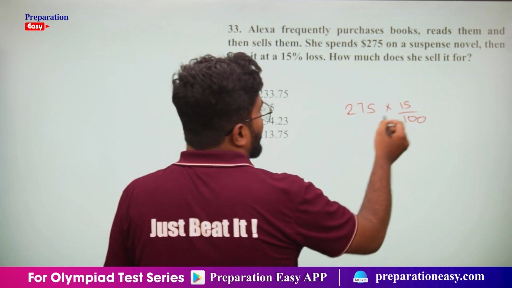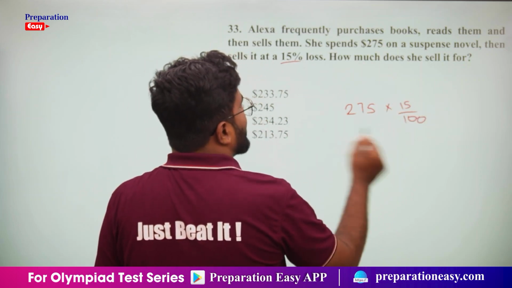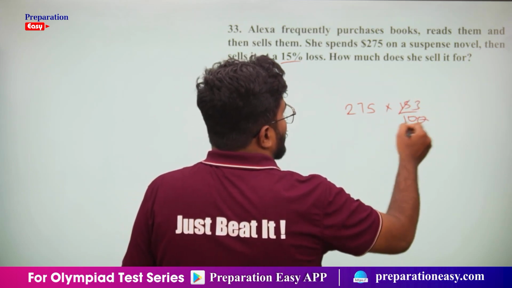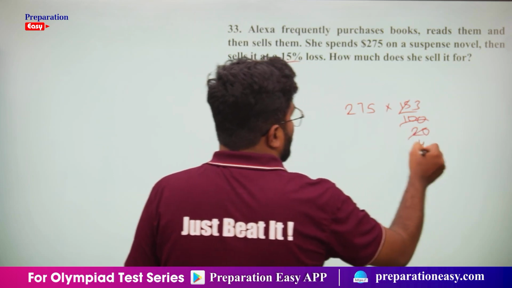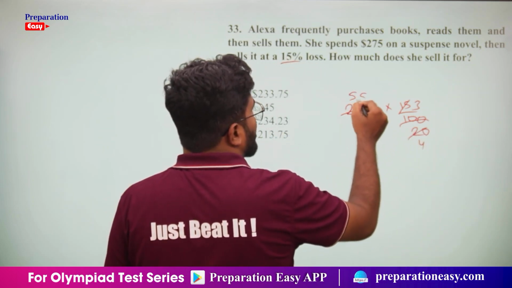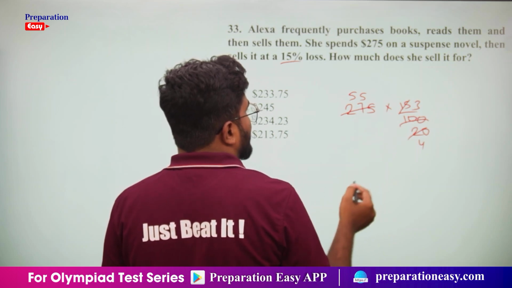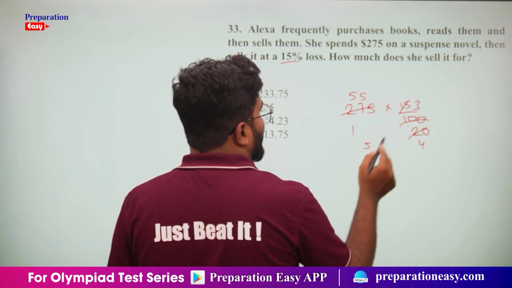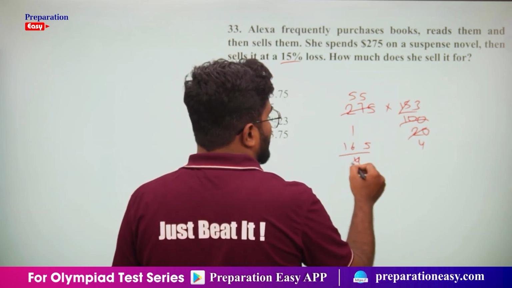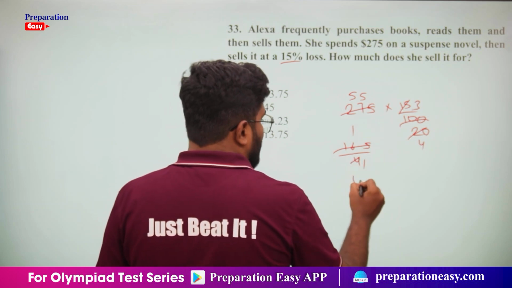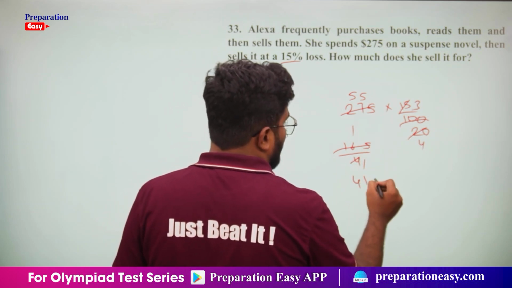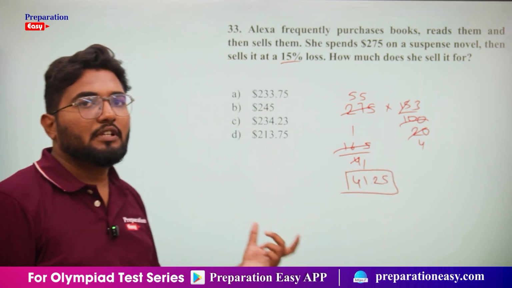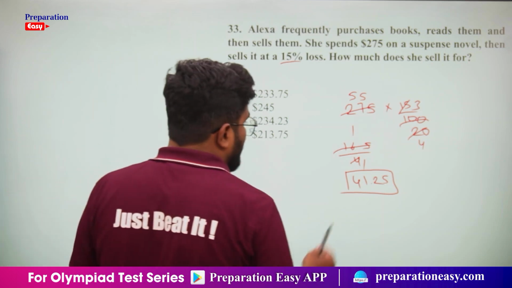The formula would be 275 multiplied by 15 by 100, because we have to calculate 15%. Working through the multiplication and division, we get 41.25 rupees as the loss.